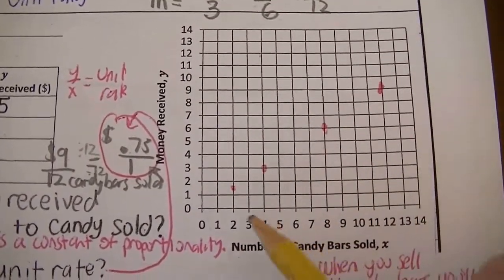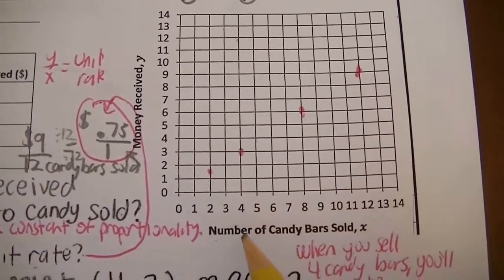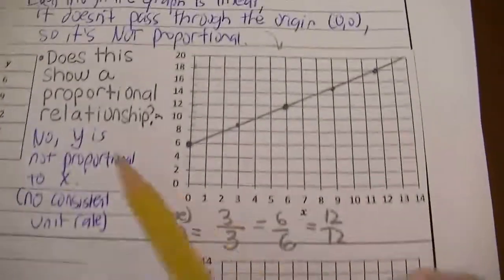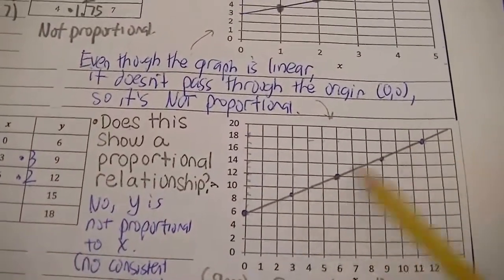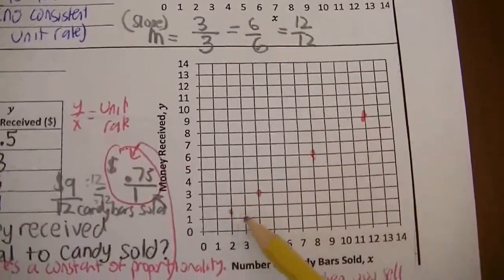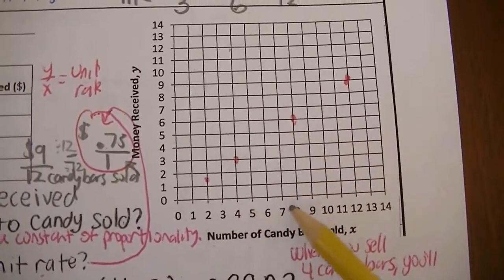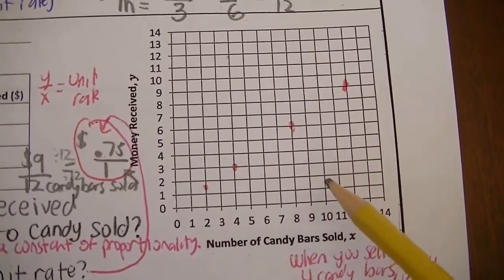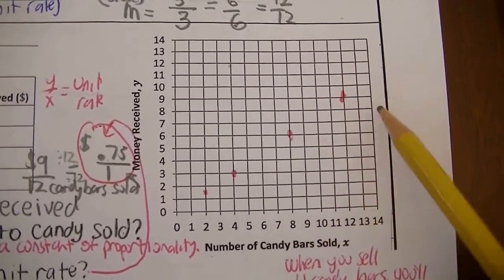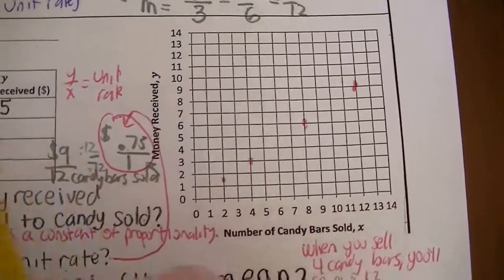What discrete means is you don't connect the dots because you can't buy half a candy bar. Up here, there was no context, so yeah, connect the dots. Right here, since we can't sell or buy a fraction or a decimal worth of a candy bar, we don't technically need to connect the dots for this representation.